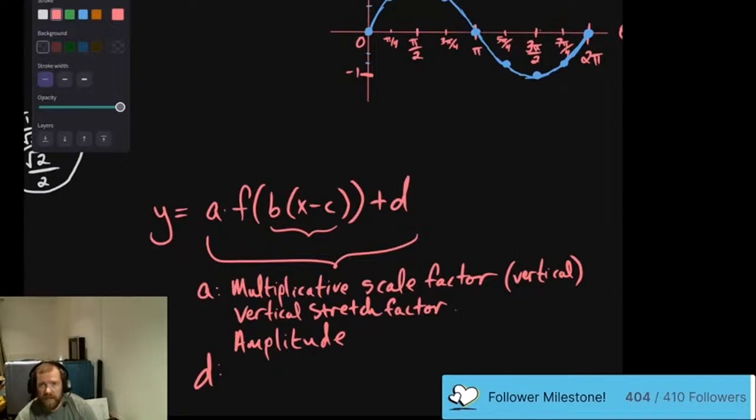If we took pi over 2, we get a value of 1 back, +1, it adds 1 to it, makes it 2. And then this 0 moves up to 1, this -1 moves up to 0. So everything is equally moving up one space. So this is going to be a vertical shift.